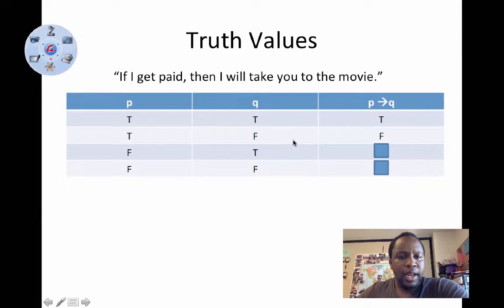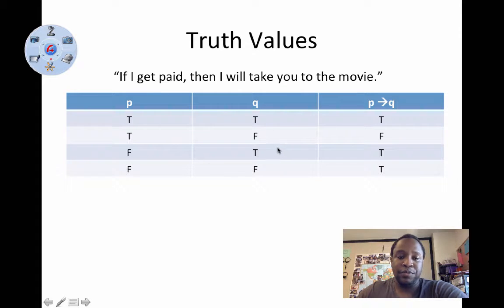Now, let's say I don't get paid. So the hypothesis is false, and I still take you to the movies, this conditional statement is still true. It does not prove that this statement is incorrect. It doesn't say if and only if. It just says, if I get paid, then I'll take you to the movies. And then lastly, if I don't get paid and I don't take you to the movies, it doesn't prove that this conditional statement is false.